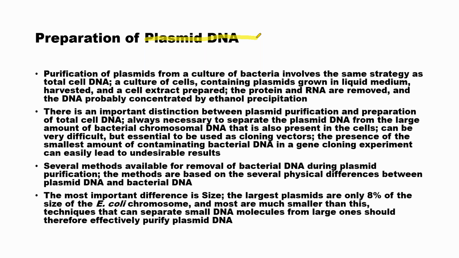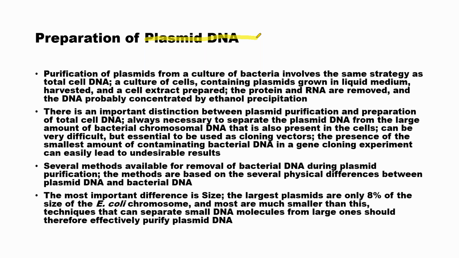So if we want to prepare a proper cloning vector, we need the vector. We have to isolate the vector. So the vector is nothing but our plasmid DNA. While preparing chromosomal DNA, our aim was to get a pure form of chromosomal DNA by removing any other biomolecule contamination such as RNA, proteins, and even carbohydrates.